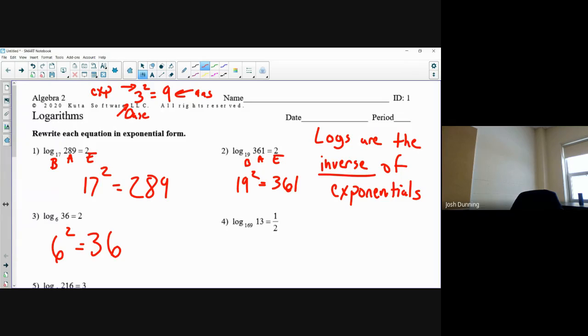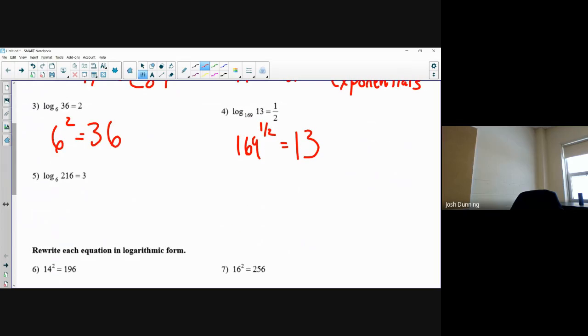Number 4, 169 to the 1/2 power is 13. Now, if you're really thinking, you'll remember how we said 1/2 power means square root. The square root of 169 is 13. But anyway, base, answer, exponent.